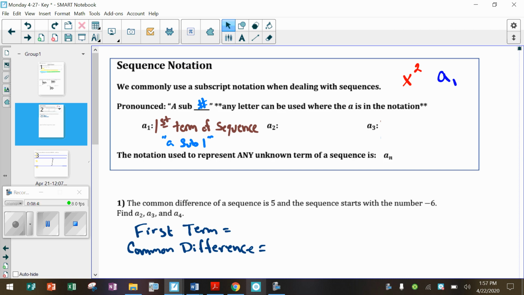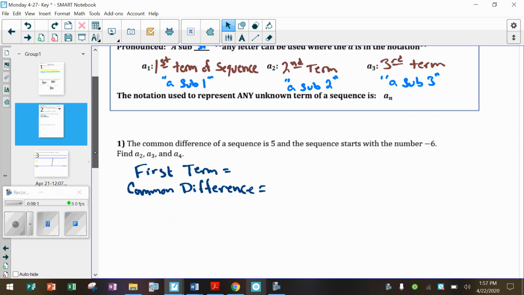Remember, our sequence is just the list of numbers. A sub 2 is the second term in our list, A sub 3 would be the third term, and so on and so forth. We can go up to as many terms as we want. The notation used to represent any generic unknown term of a sequence is A sub n, n being the number we're not sure of yet.